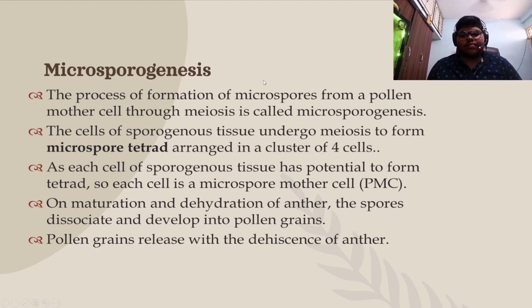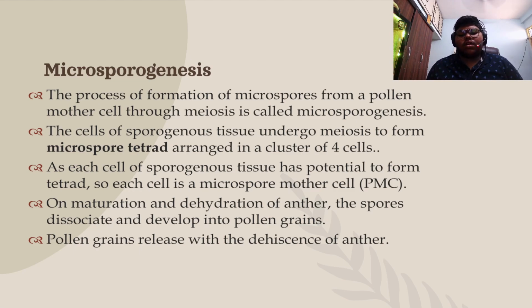Microsporogenesis. The process of formation of microspores from a pollen mother cell by meiosis is called microsporogenesis. The cells of sporogenous tissue undergo meiosis to form microspore tetrad arranged in cluster of four cells.